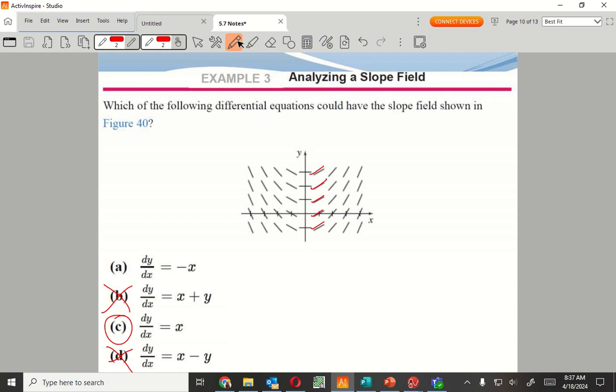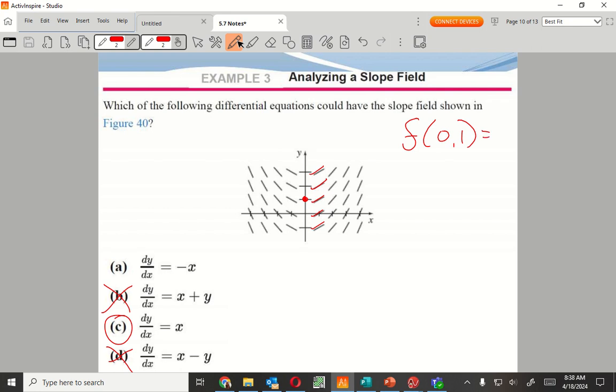And sometimes you're going to have to figure out particular solutions where you have to deal with an x and a y. How would you go about that? Pick some points, right? Pick out some points. So from here, I would say, if my x value is 0 and my y value is 1, my f of 0 comma 1 is going to equal what?